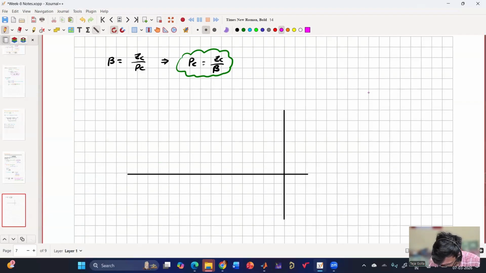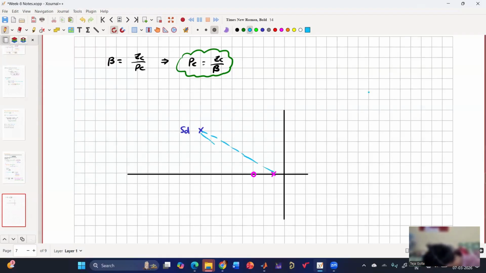The pole is close to the origin, followed by the zero, and say this is my desired closed loop pole. Say this is the pole and this is the zero, very close to each other, and then my desired pole is here. So the angle contribution should not be much, right? That is what we were discussing.